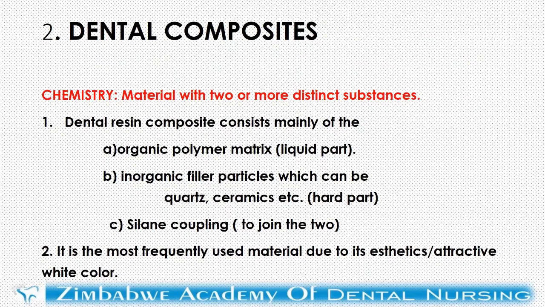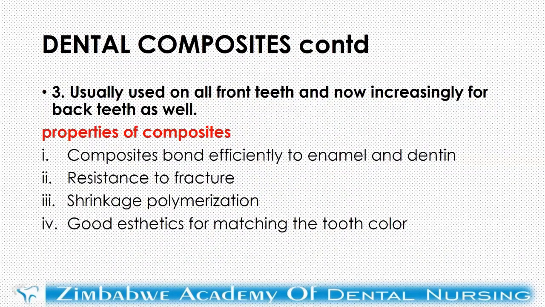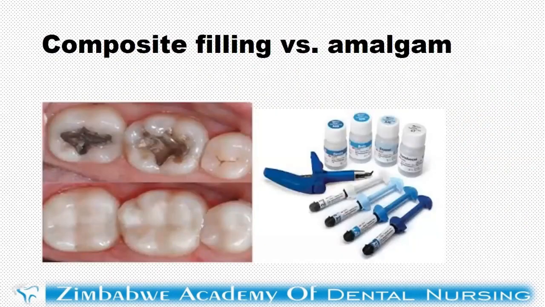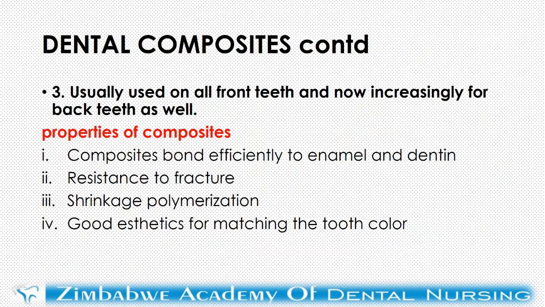For those of us who are students, please read up about dental composites. Read up about glass ionomers, compomers, impression materials, etc., so that you are able to enjoy the presentation.